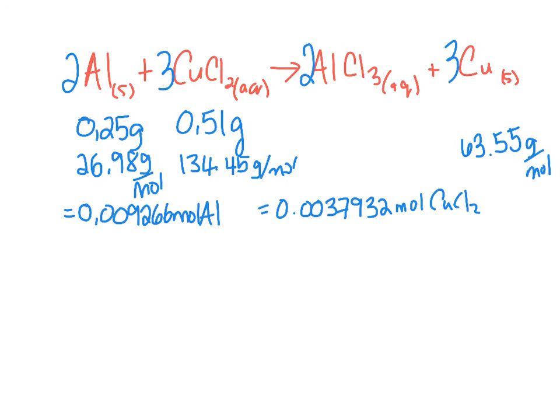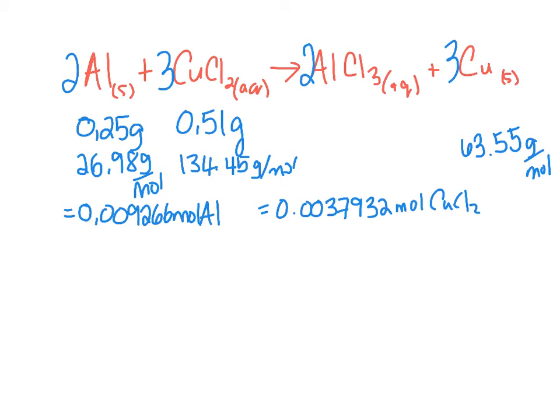Okay, so once we have the moles, you're going to guess which one is limiting. So which one do we want to guess? Do we want to guess that aluminum's limiting or copper 2 chloride?